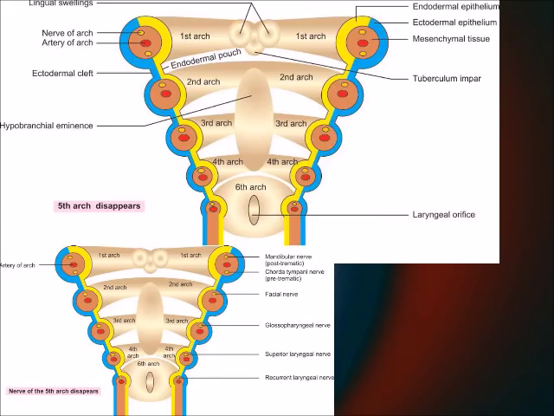This is another diagram for the arches, arch number 1, 2, 3, 4, and 6. Here you can identify cleft number 1, cleft number 2, pouch number 1, pouch number 2. These arches will contribute to give the facial components.